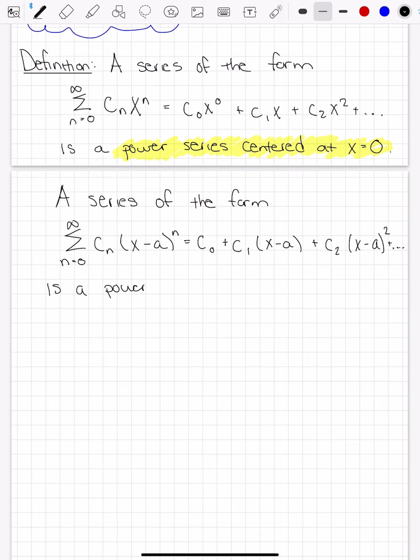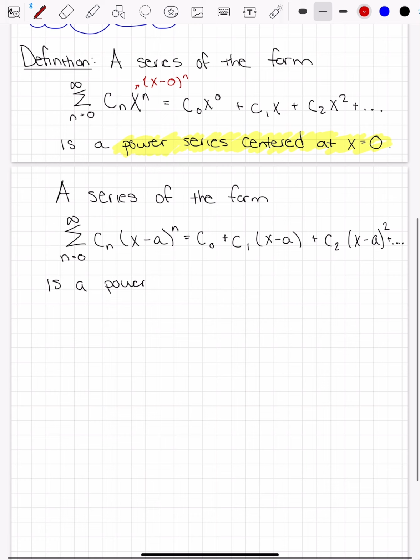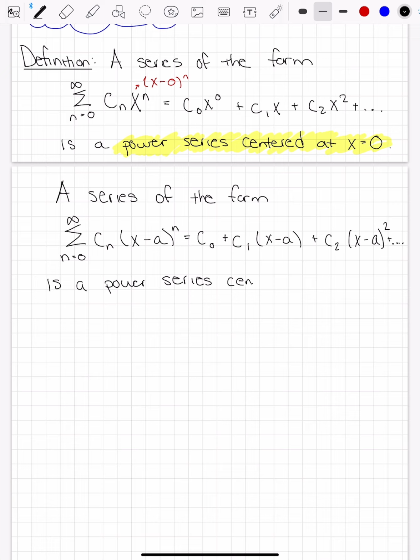And this is a power series. Now, we used to have nothing subtracted from the x, so you could technically think about this as x minus 0. So this is a power series centered at x equals a, where a is going to be some number.